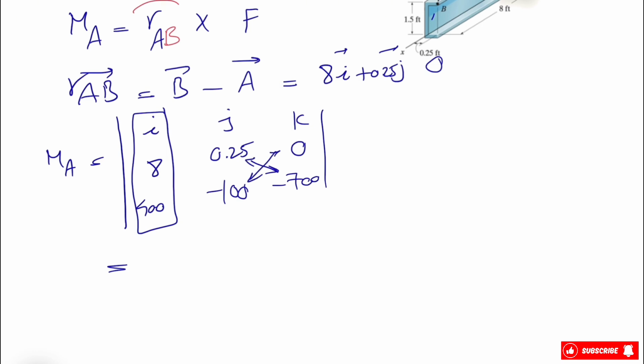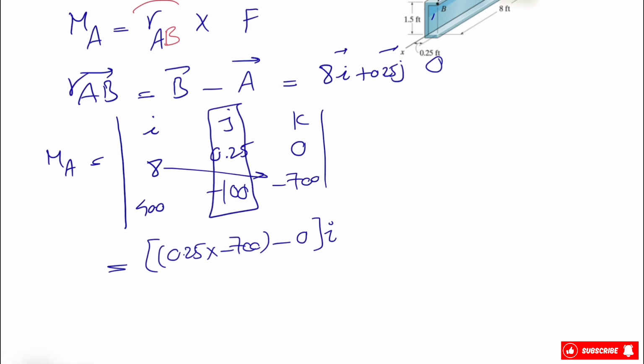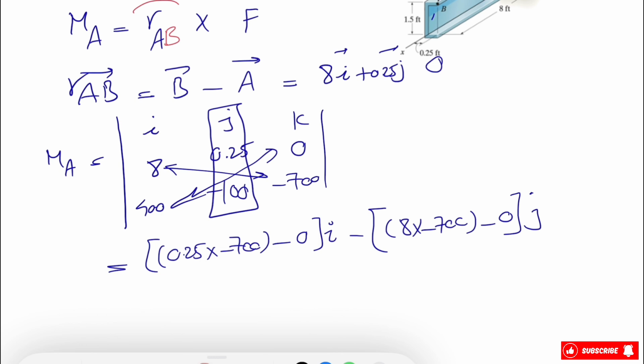So for the I component, we simply have 0.25 times minus 700 minus 0 times 100, which is 0, and this will be our I. Let's move on to J, and we have these two multiplying minus these two, but we have a negative sign in here. So we'll have 8 times minus 700 minus, again, 0. That would be our J, and the last one would be the Z component.